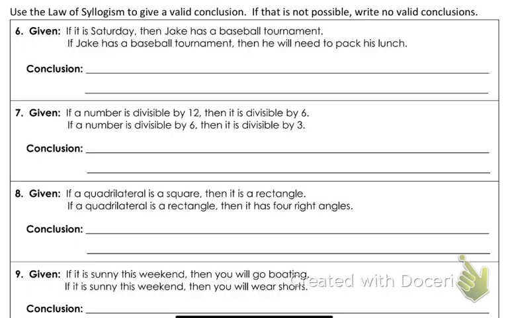So let's see some examples of that. So number 6 says, if it is Saturday, then Jake has a baseball tournament. Now, for the law of syllogism, your big thing is your conclusion. You have to make sure your conclusion matches the hypothesis of the next statement. So we end with, Jake has a baseball tournament. The law of syllogism only works if the next statement says pretty much the way this one ended.